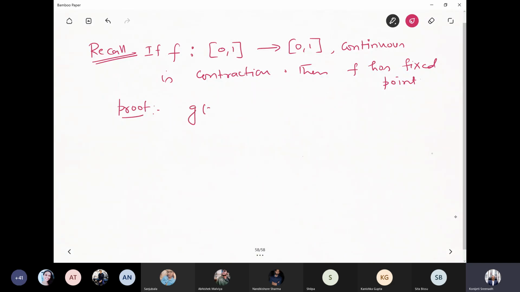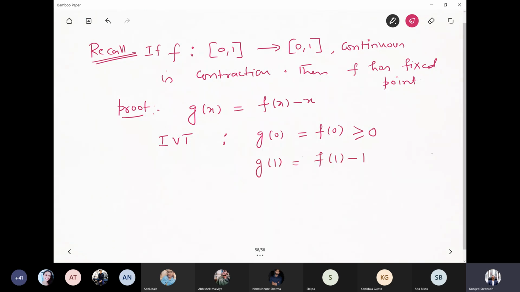For example, you take the function g(x) equals f(x) minus x. At 0 and at 1, by the intermediate value theorem, g at 0 is going to be f at 0. And you know that f at 0 is greater than or equal to 0 because the range is also 0 to 1. Also look at g at 1, which is going to be f(1) minus 1.